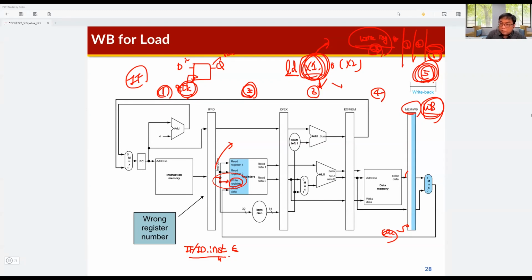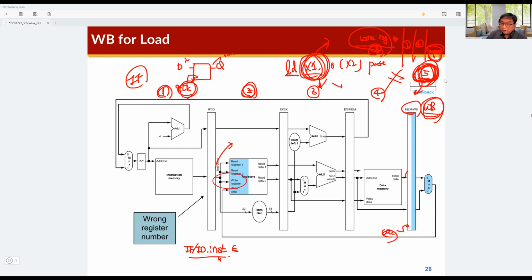So this is the past value, but the result of the load instruction is generated at clock cycle number 5. This is the future. Because the timing is different, in this design, the result of the load instruction is returned back to the incorrect register location. Understand?